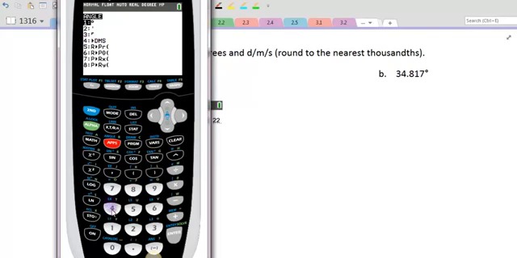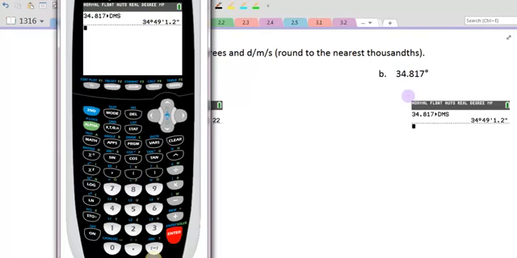And I'm going to choose option number 4. So this returns for me 34 degrees, 49 minutes, and 1.2 seconds. And it's all right for you to get a decimal value over there on the seconds portion. We're just letting the calculator do the calculations for us.